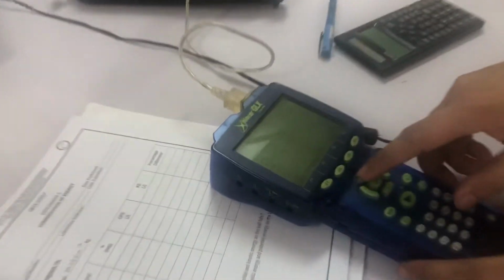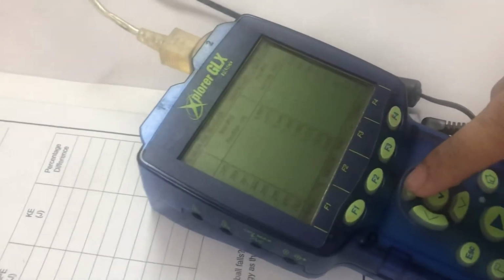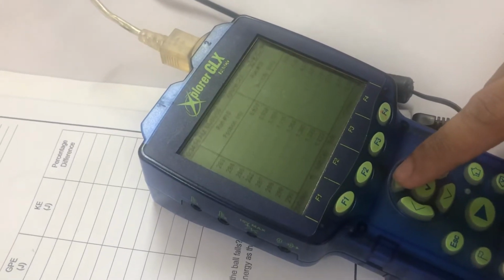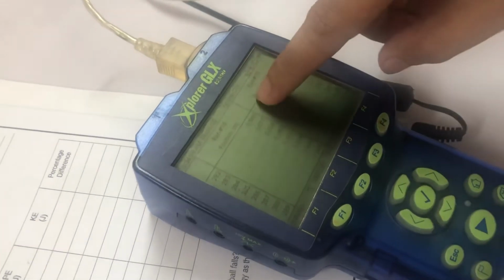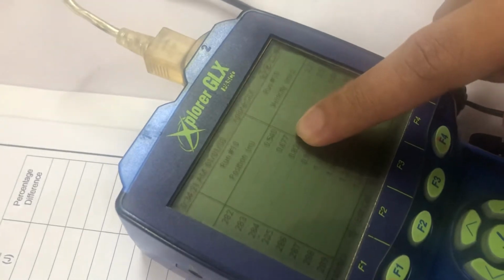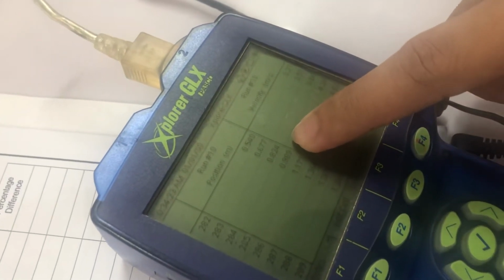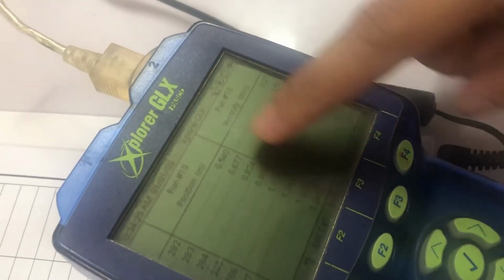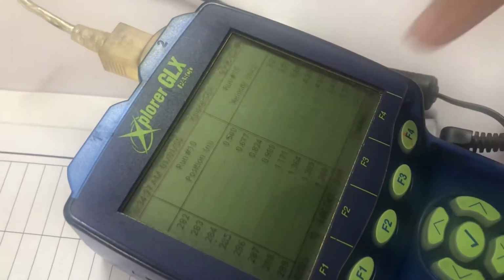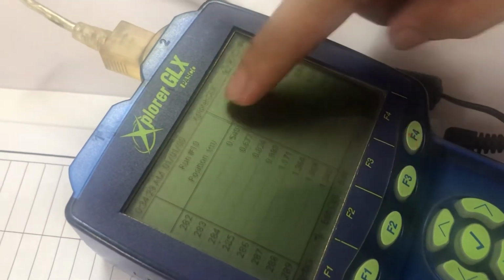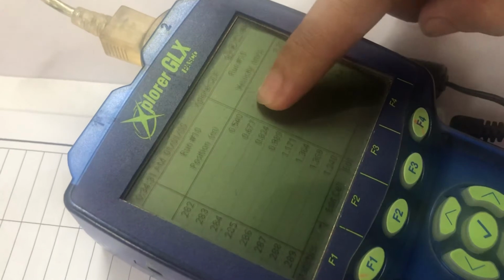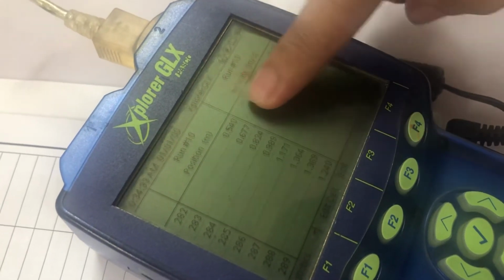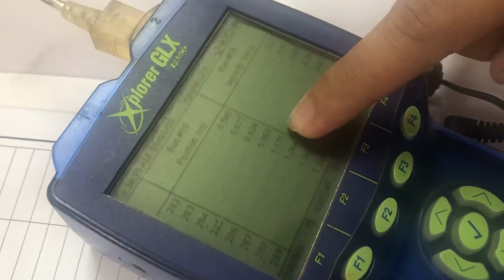So I have here 0.540, 0.677, and 0.824. I will just choose one reading here, but anyway guys, you can choose any from 0.540 or 0.677 to 0.989.